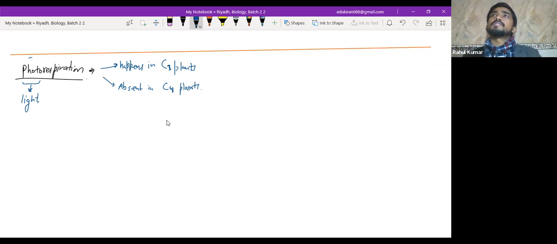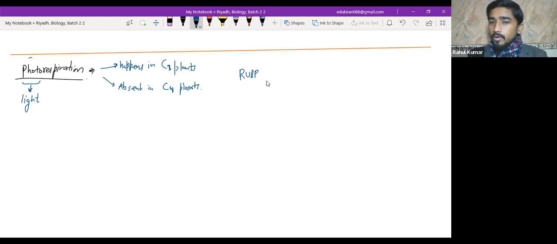I also told you yesterday why photorespiration is not good for photosynthesis. Because if photorespiration is happening along with photosynthesis, remember I told you that the enzyme Rubisco catalyzes the reaction of binding of CO2 with RuBP, the first reaction. Please pay attention.